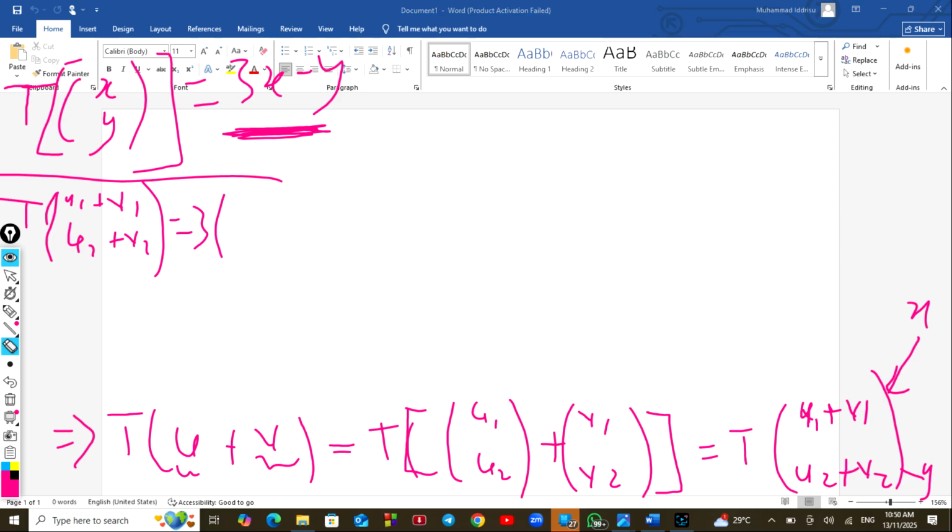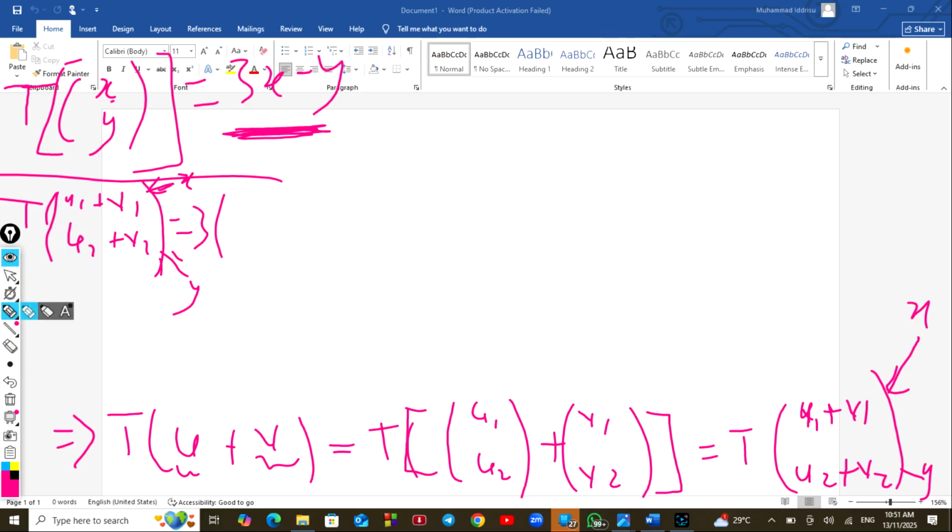Our x is now u1 plus v1, and u2 plus v2 is now representing y.